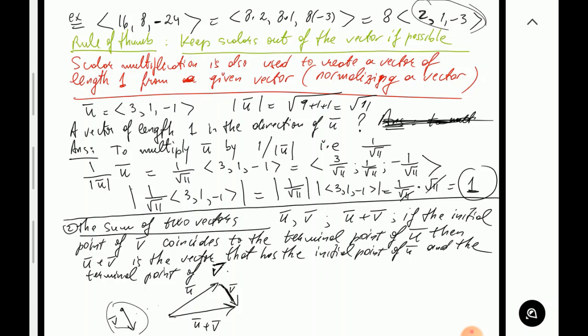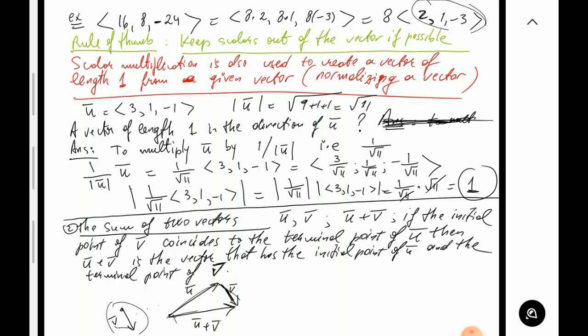If you want an immediate application, you can think of it as the cumulative effect of, let's say, a bunch of forces. Let's say, for example, you move an object according to various forces applied at different points on the motion. One here, and then continue with this force here, and then another force over there, and so on. So the cumulative effect of these forces is going to be essentially the sum of these vectors.